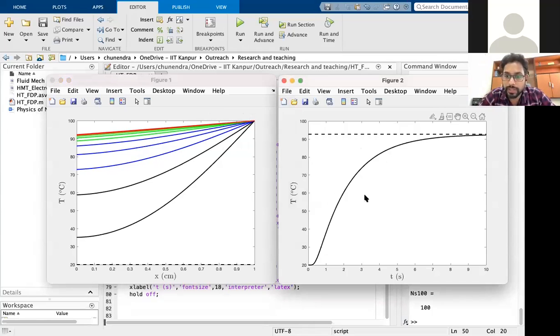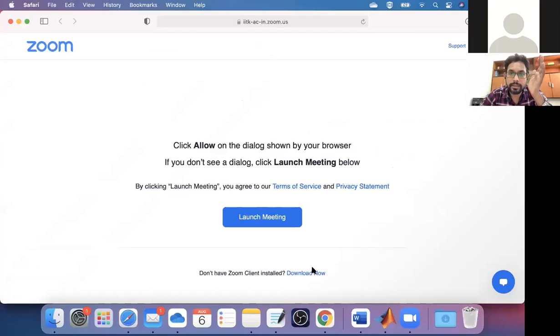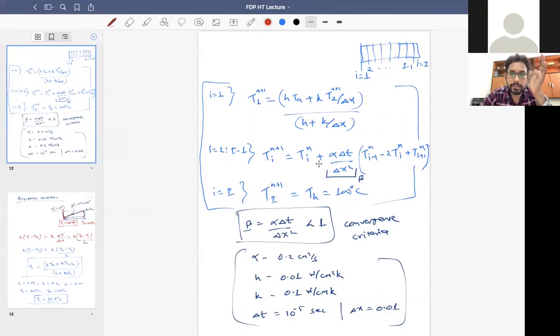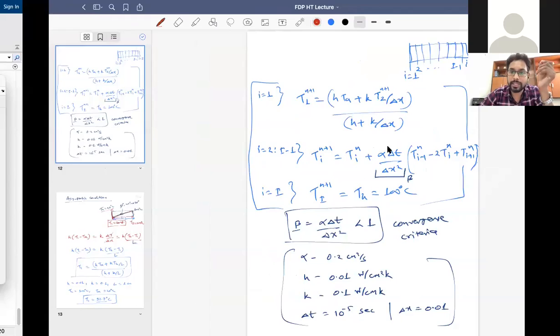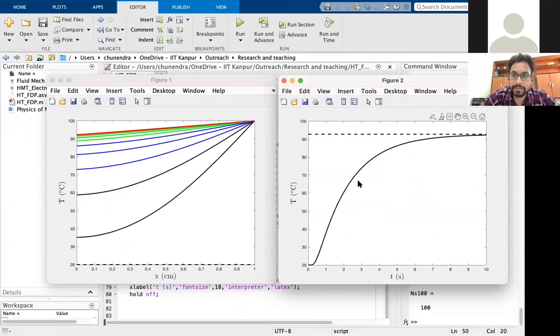That becomes clear here. If you look at this figure on the right-hand side, here I'm plotting the temperature of the left boundary, at point i equal to 1, and that is the temperature that will be sensed by the sensor.